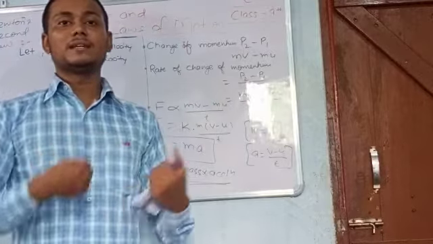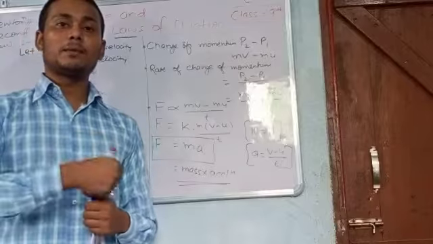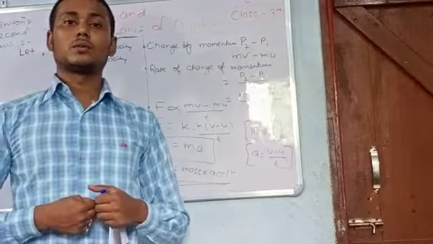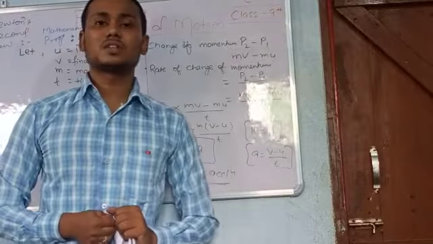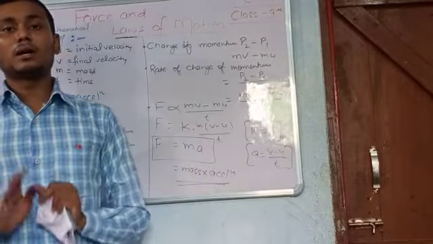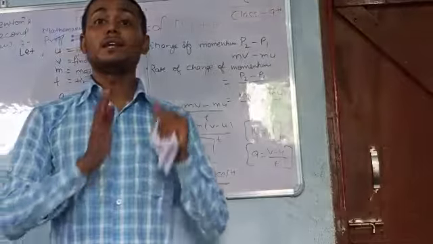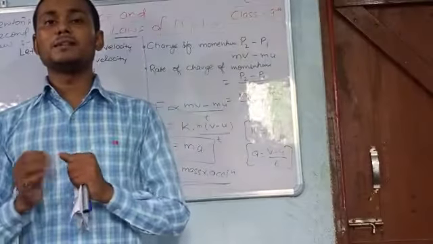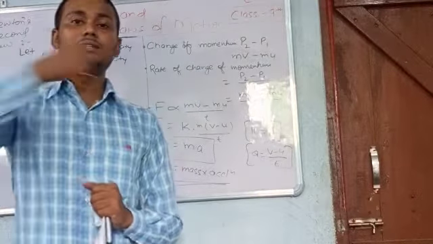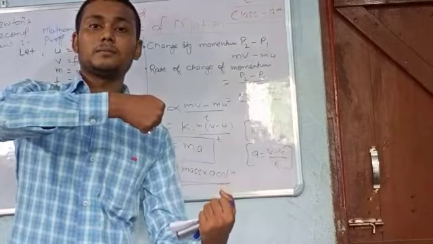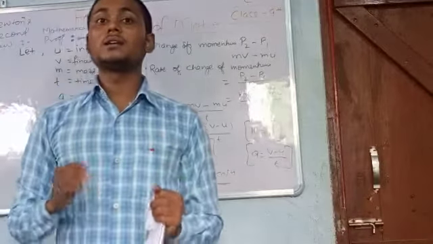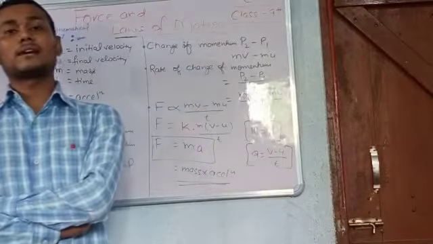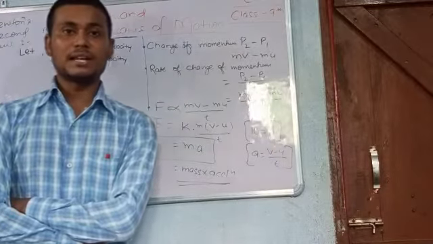You apply it as an action, you get it as a reaction. Opposite means if you apply force in this direction, you get the reaction in the other direction. So equal in magnitude but opposite in direction. Every action has an equal and opposite reaction.